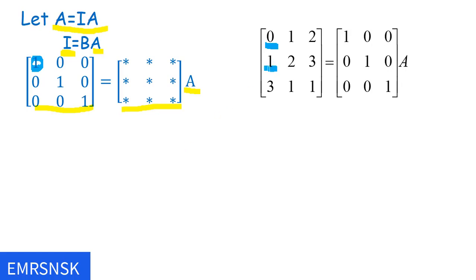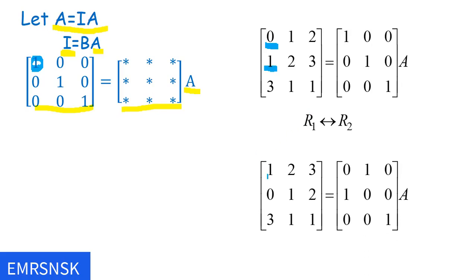So what will happen if I interchange the first row and second row? Your second row will now be in the first row and the first row will be the second row. So after interchanging rows R1 and R2, I will interchange rows on the left hand side, and similarly I will interchange rows on the right hand side.